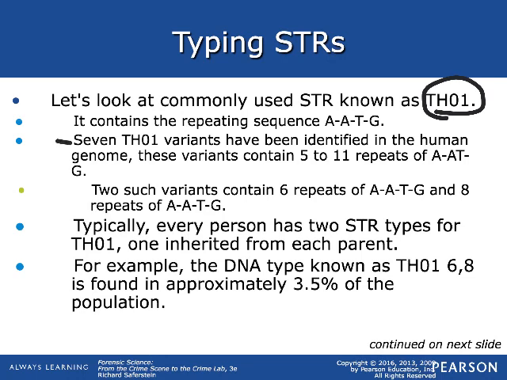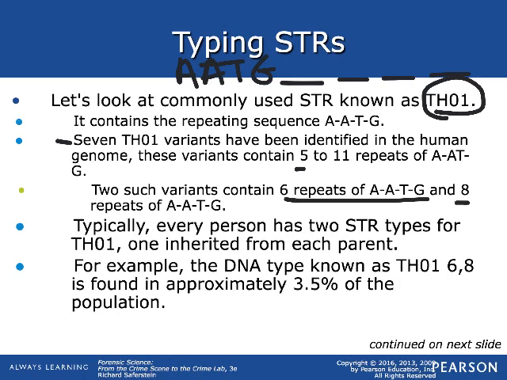Okay, so 7 TH01 variants have been identified. They have between 5 to 11 repeats of that. So somebody could have AATG 5 times. 1, 2, 3, 4, 5. Somebody else might have it 11 times. Some people have it 6 times, and other people have it 8 times.